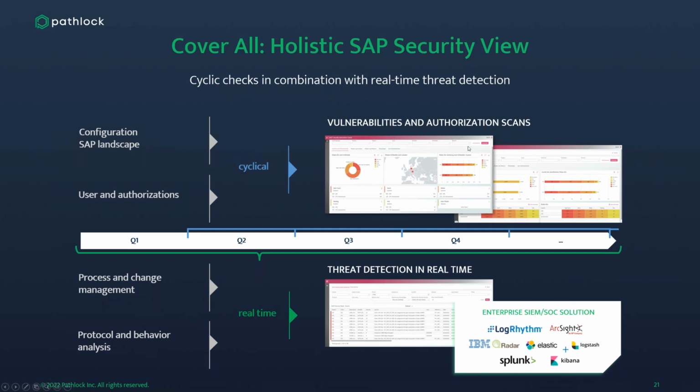But also, when you're getting information in your threat detection, in your real-time detection, vulnerability detection, please use our threat detection engine and skip it over to your SIEM tool as well. And so you have all the checks, the cyclical and the real-time checks, within your SIEM tool, and you can analyze it there with your SIEM and SOC team or with your dedicated SAP security team as you like.